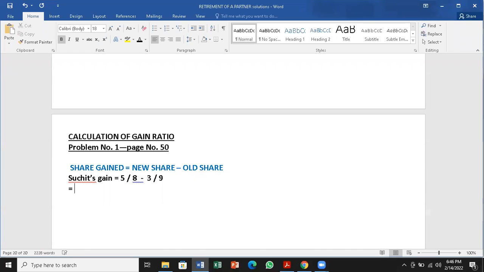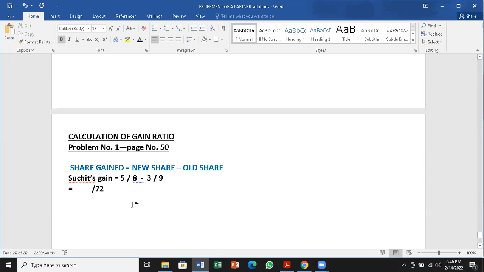So let us simplify. Go for LCM. 8 9s is 72. So let us simplify further. 72 is the total.